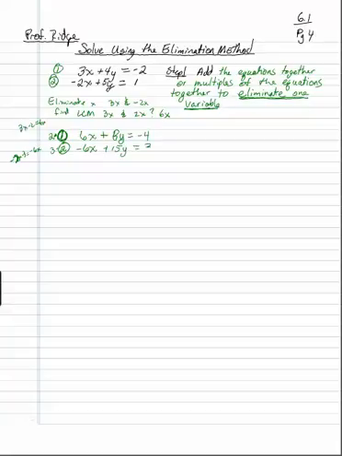Okay, so we can't break any of our algebra rules here. And then I'm going to add these equations together, and you'll notice 6x minus 6x is 0, so that goes away. And then we get 23y equals negative 1.